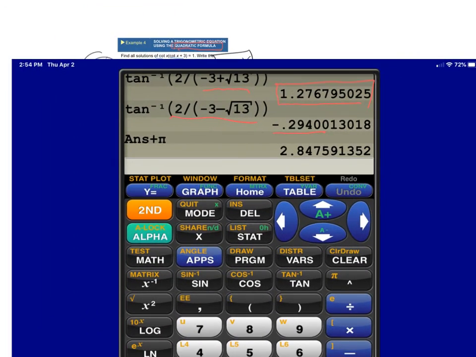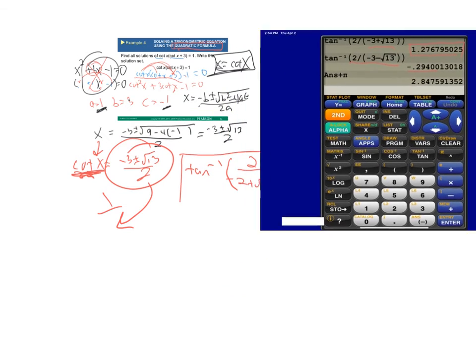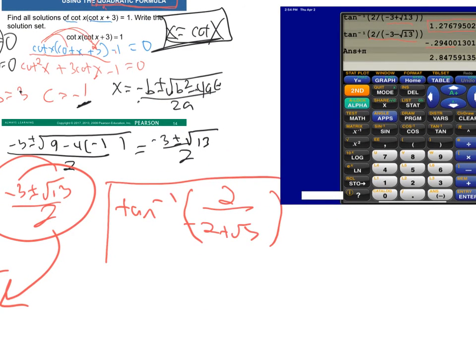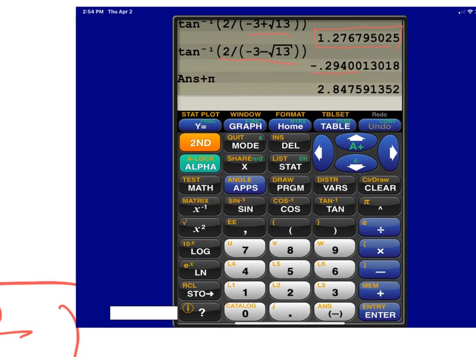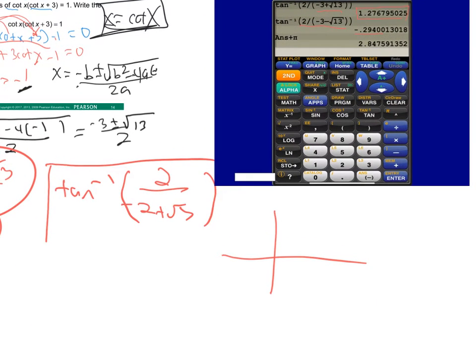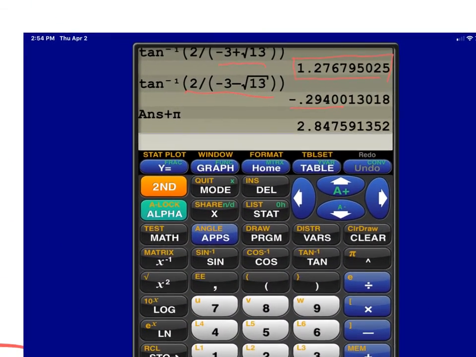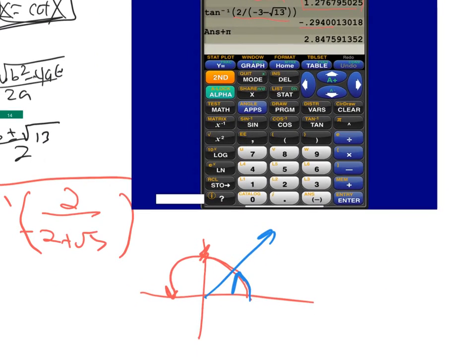So if I show you graphically what that means, let's see. If I have my quadrant here, and obviously the first answer was 1.27 radians. Remember what I said about pi over 2. Pi is 3.14. 1.5 is pi over 2. So my first answer is in this quadrant right here. That would be roughly 1.276 radians.